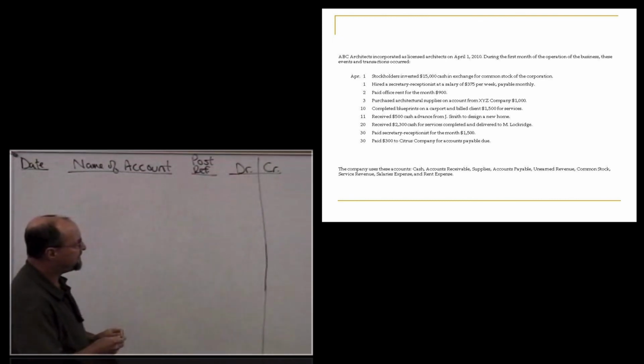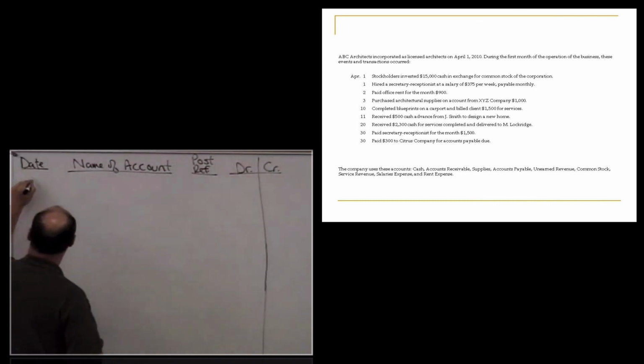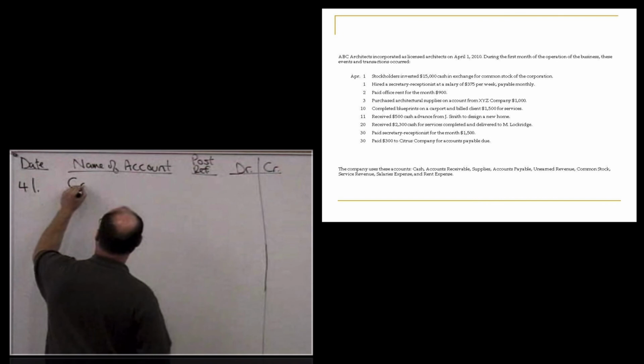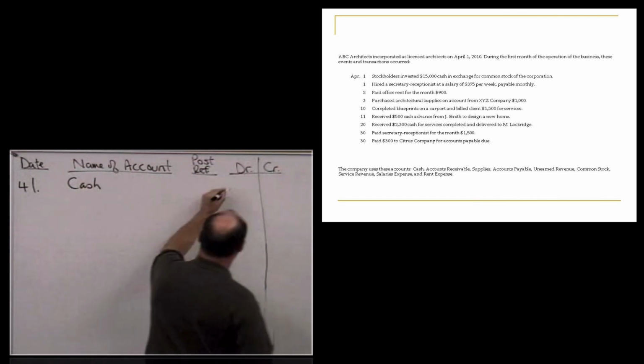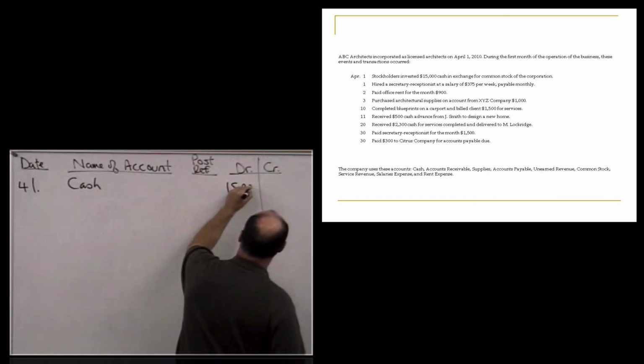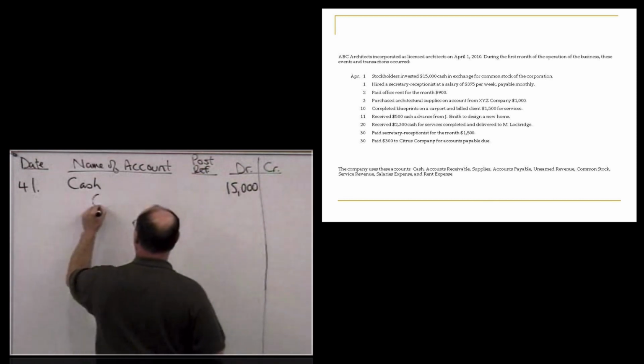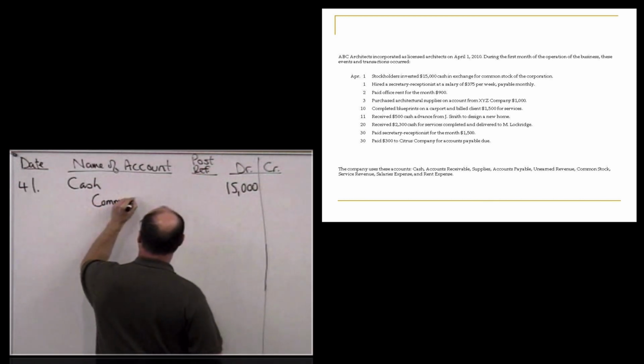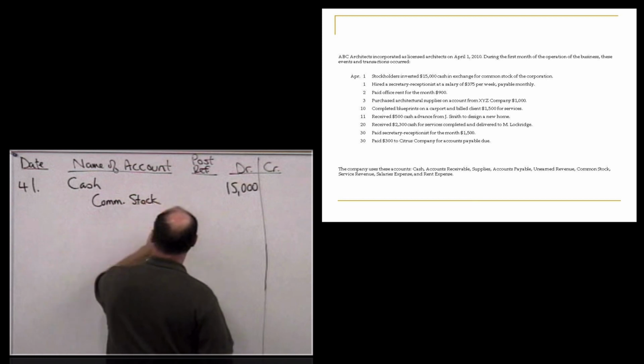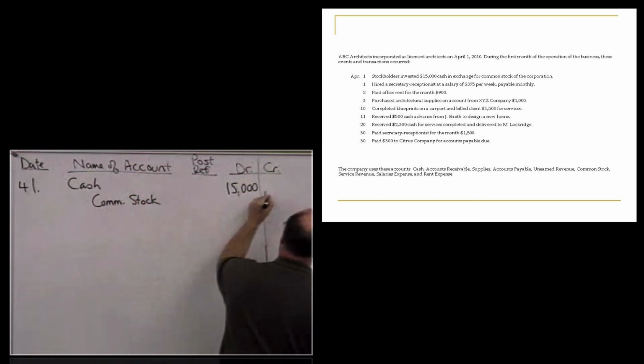Stockholders invested $15,000 cash in exchange for common stock of the corporation. April 1st, so I'm going to debit cash for $15,000, and underneath it and indented a little bit, I'm going to credit common stock.